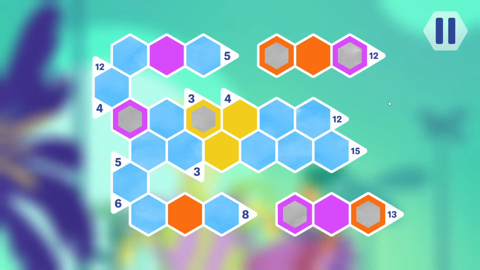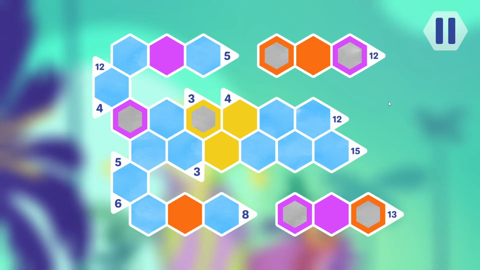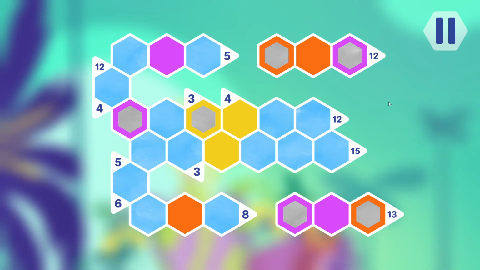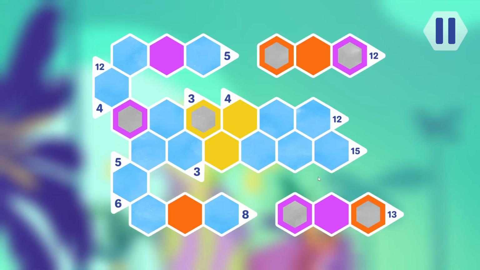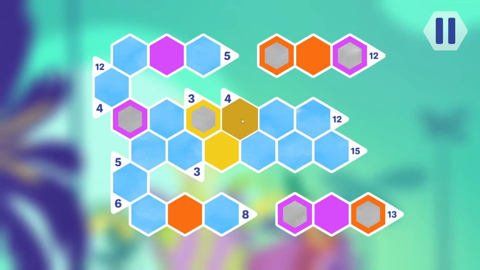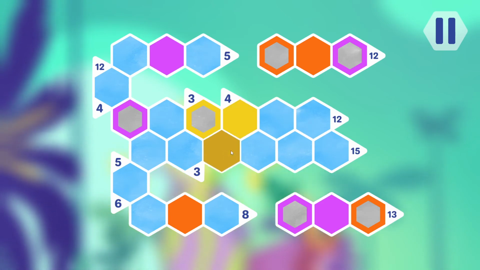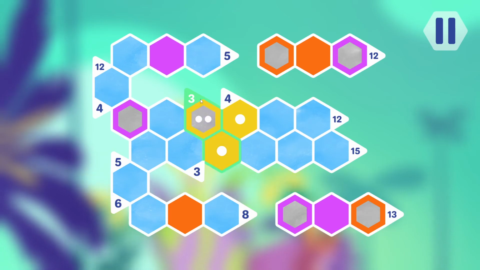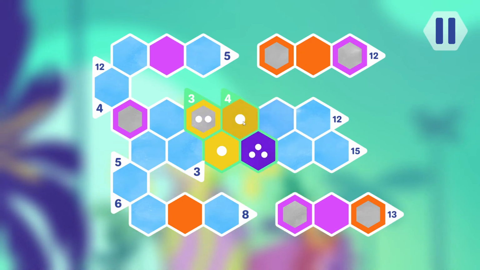Let's look at yellow ones. Like yellow is supposed to have at least one dot, so it will be 1 and 1, and we just finished 3. They can be greater than that, so we complete this with 3.